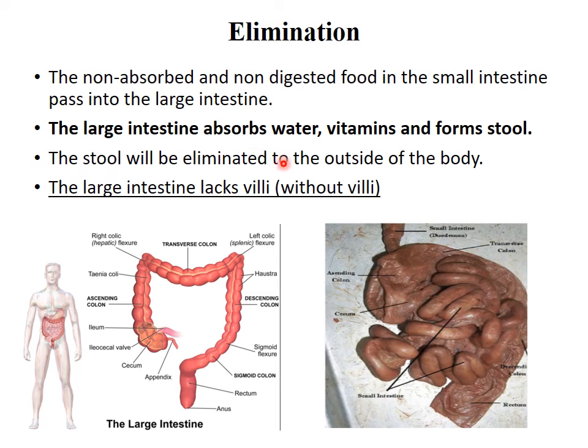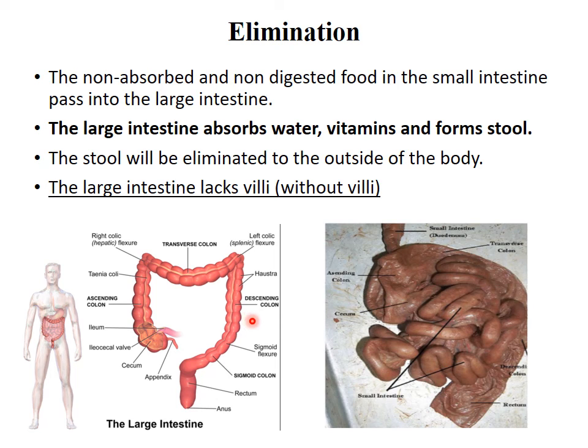The stool will be eliminated to the outside of the body, and you must know that the large intestine lacks villi. Yes, it is true, the large intestine can absorb water and vitamins, however, it lacks villi. The villi are characteristics of the small intestine.